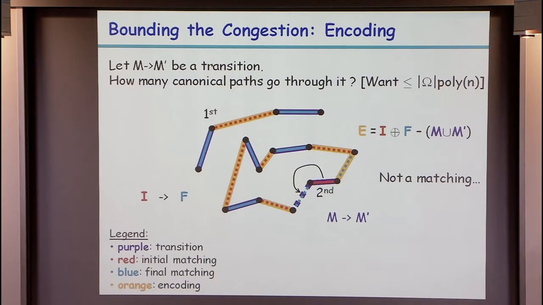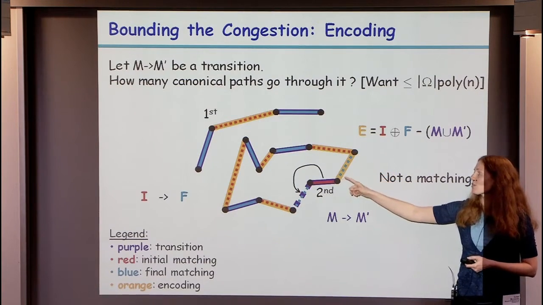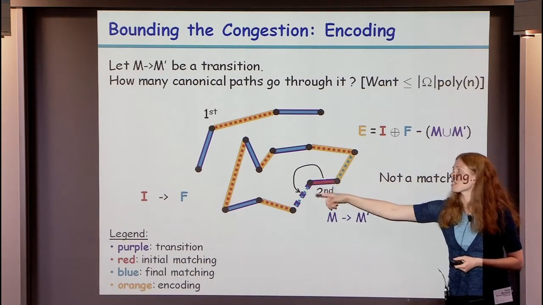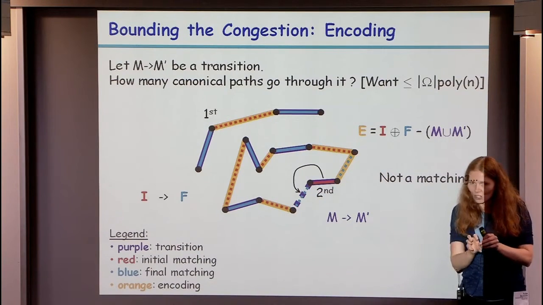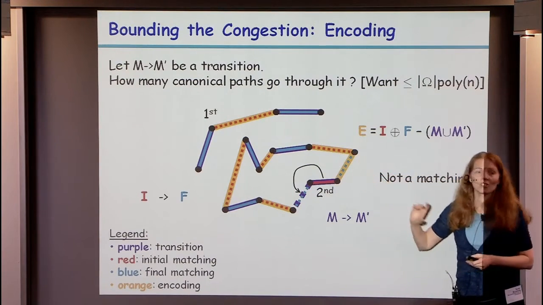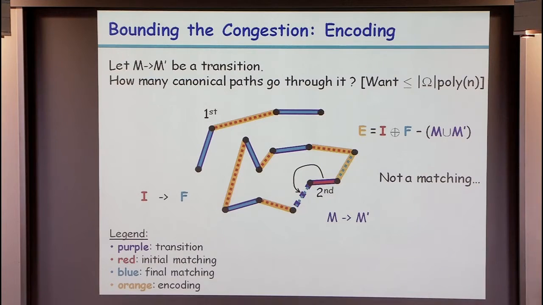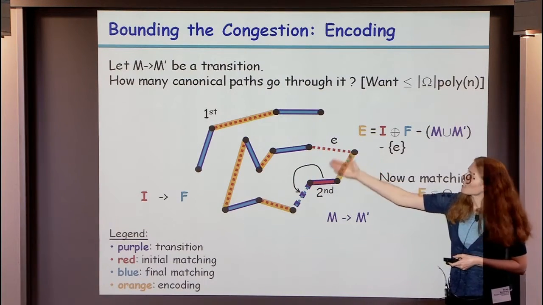Well, not quite. It's almost a matching, except for this one vertex, because it just so happens that I'm processing a cycle. And if we are flipping a cycle, there is this one case where we have two edges that are not in. But there is a very simple solution. We can simply remove one of the edges, make this into a matching.